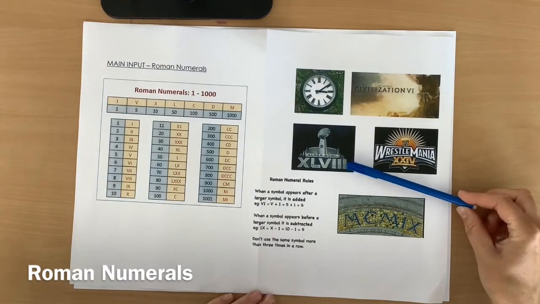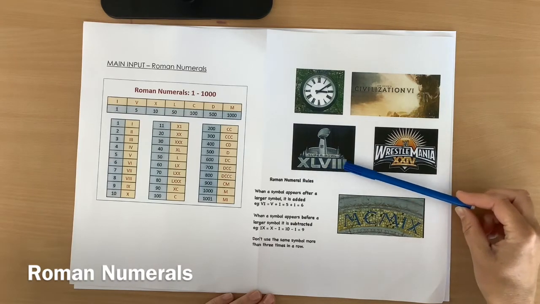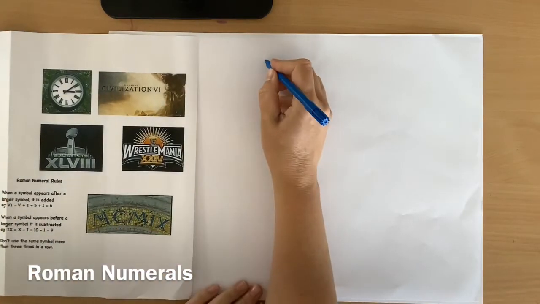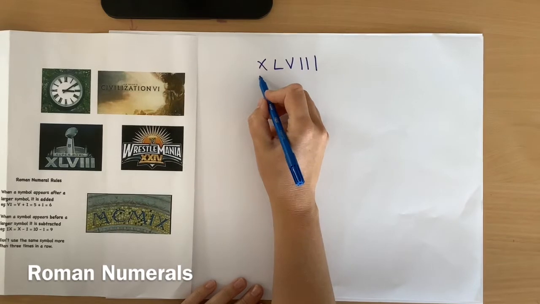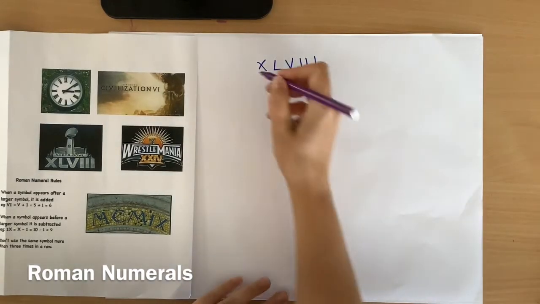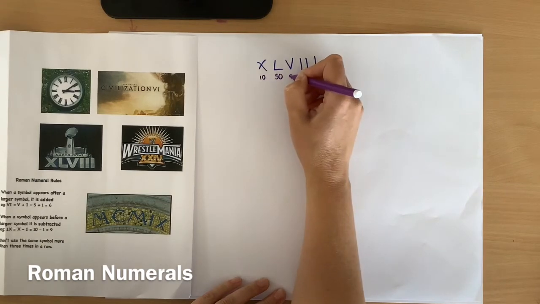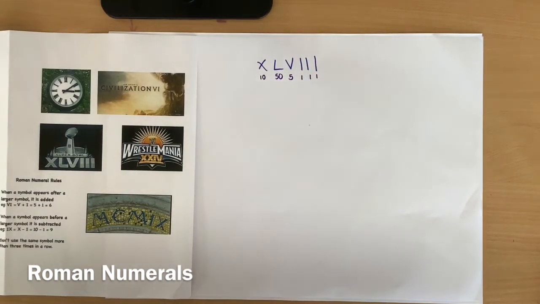This Super Bowl, XLVIII. Well, let's copy it down. I will bring that back in a minute. XLVIII. Well, X is 10. Do it in a different colour. X is 10. L is 50. V is 5. And these are all ones. Okay.